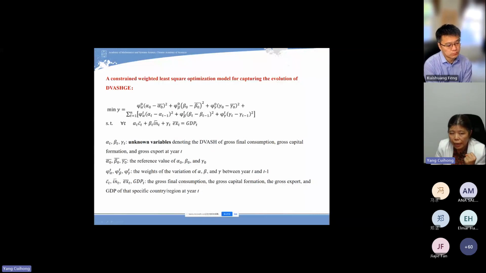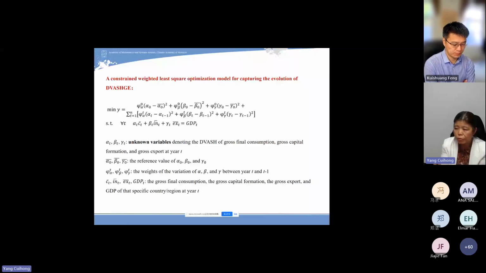Here alpha 0 bar is the reference value. We have initial values. For the initial value, we have to ask the help of the input-output tables, because it's just the initial value. It's not necessarily the most recent years. But alpha t minus alpha t minus 1 are the errors between two different years.